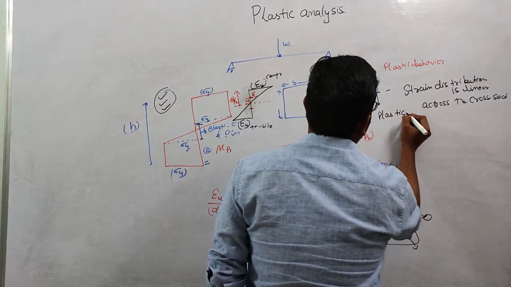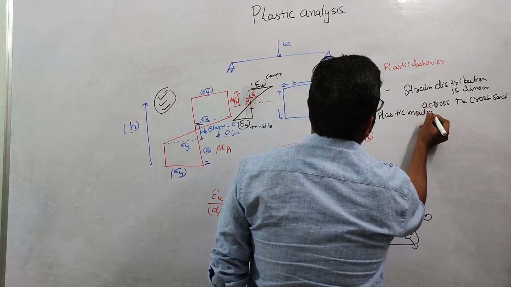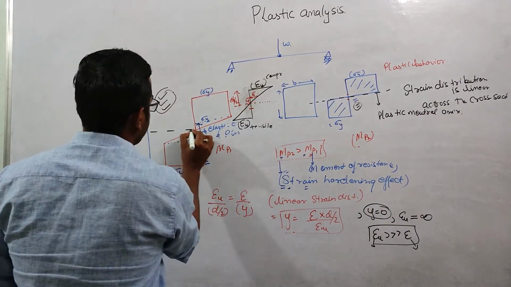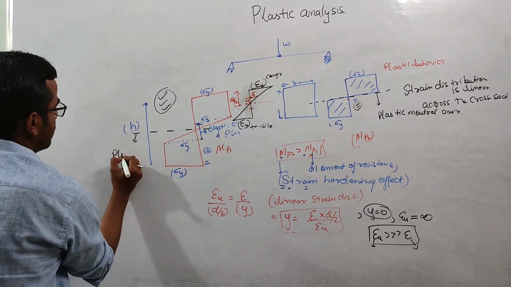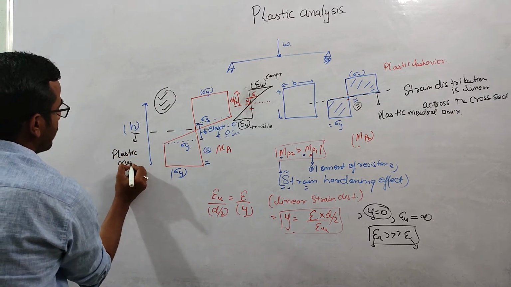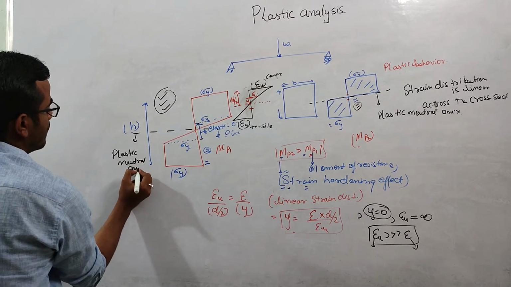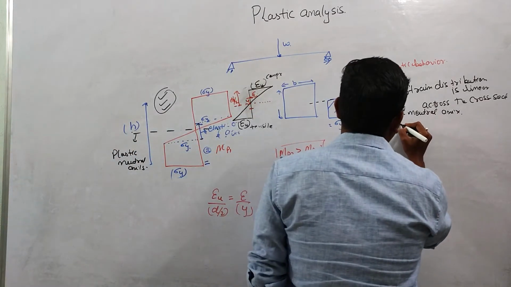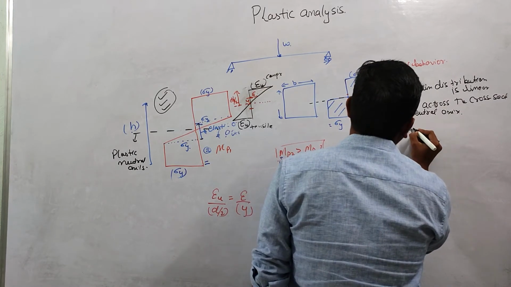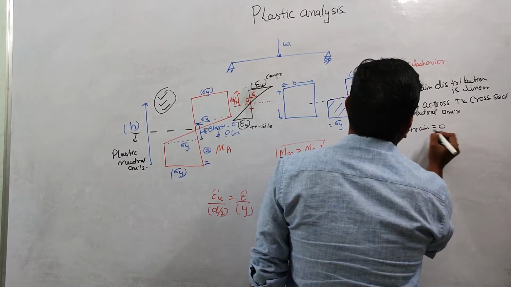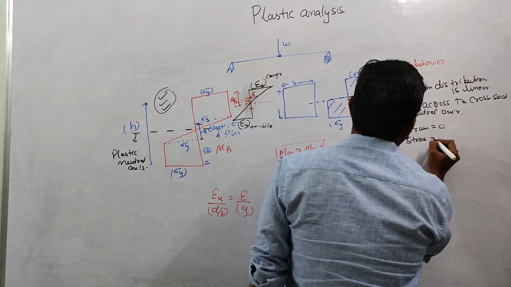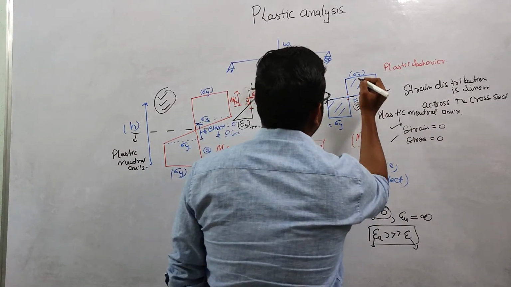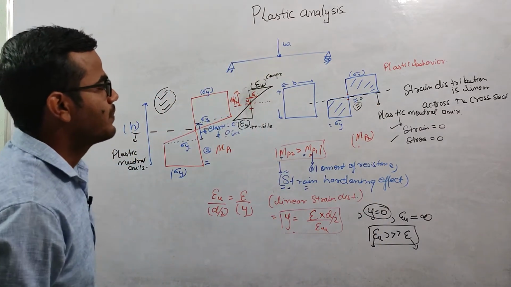Remember one thing, at the plastic neutral axis the strain will be 0 and the stress should be 0. This we cannot tell from this stress diagram.